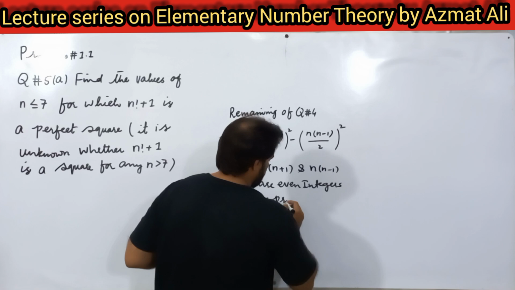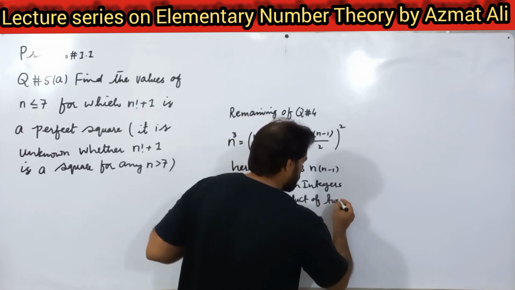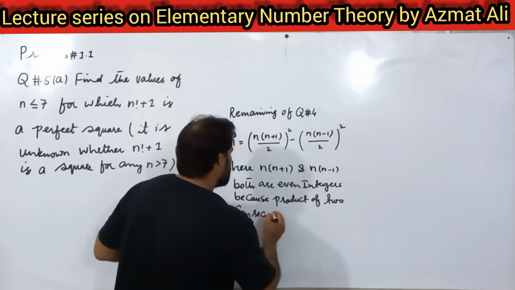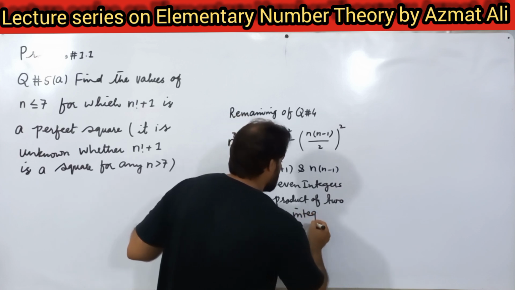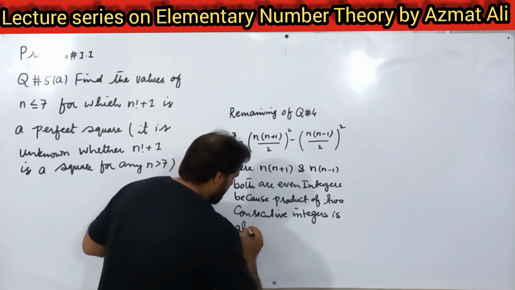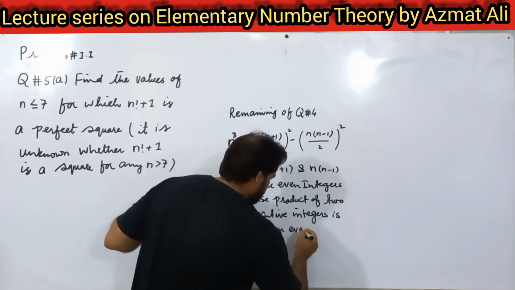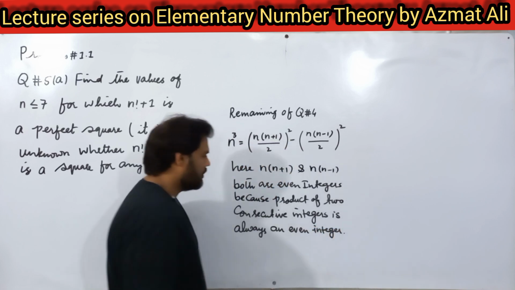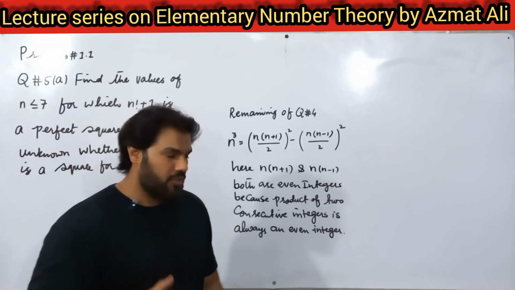Because the product of two consecutive integers is always an even integer. We know that the product of two consecutive integers is always an even integer.